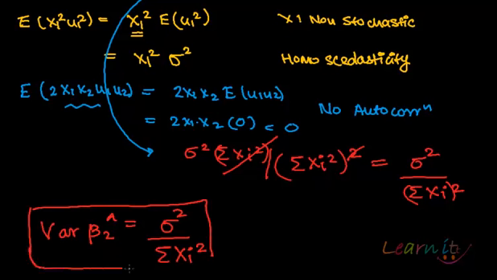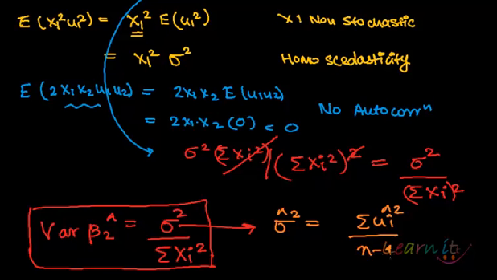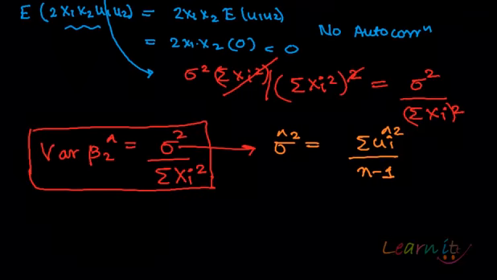Okay, and this sigma square, basically this is the actual variance. It could be estimated as summation of ui hat square upon n minus 1. Well, you have to remember that the model which we are running right now is yi equals beta 2 xi plus ui.